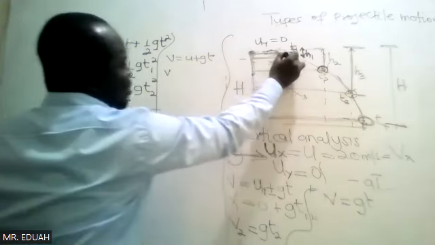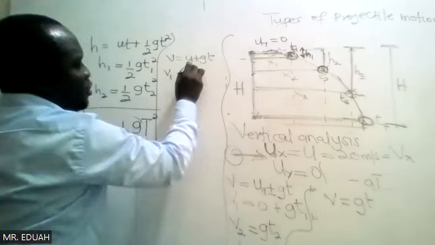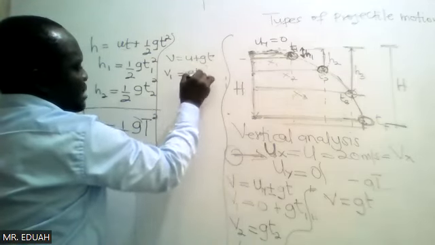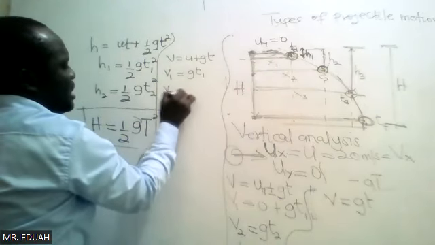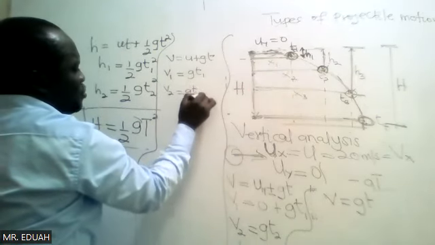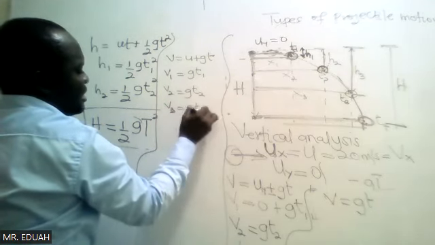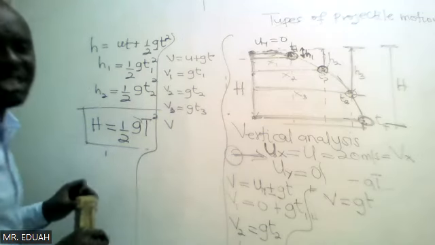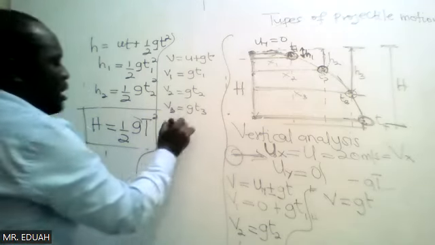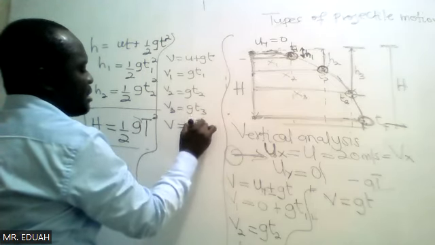When you want the velocity here, v1, u is 0, so g times t1. If I want what is here, v2 is g times t2, v3 is g times t3. Therefore, the velocity just before it hits the floor is equal to g times the time of flight.